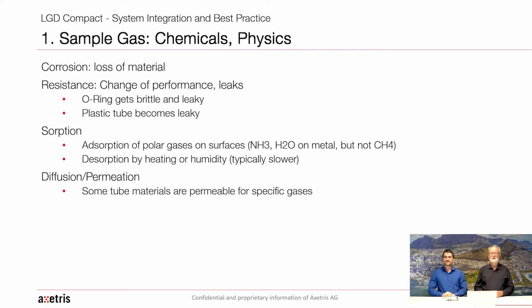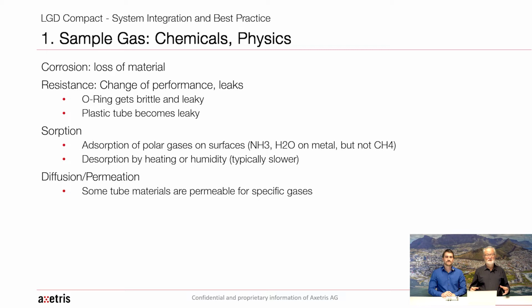There are a few interactions between the gas and the materials of the system we have to care about. These are chemical or physical processes. One is corrosion, also called rust. Then you lose material because parts of the gas are interacting, for instance, with the walls of the instrument or of any tube.